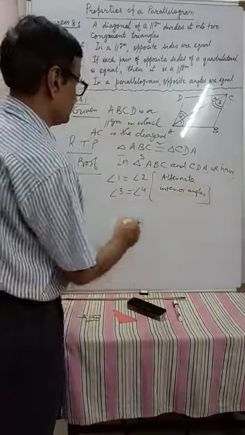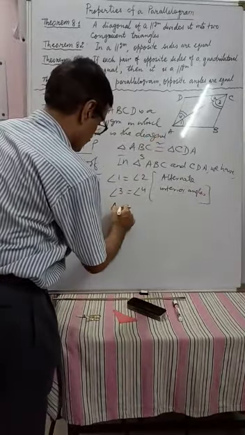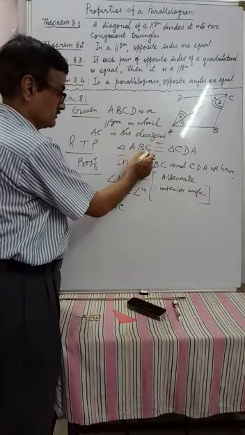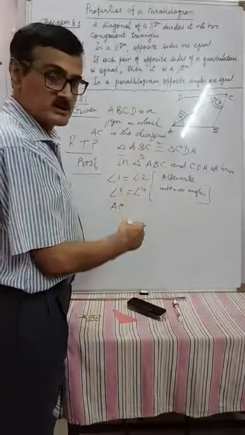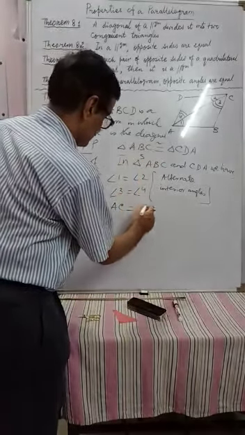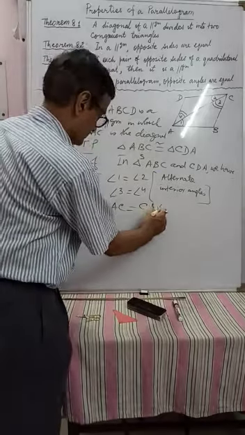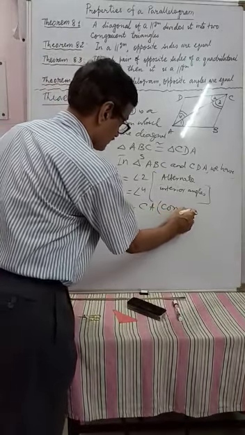And not only that, AC is common to both. According to the correspondence, for the second triangle we have to write AC is equal to CA, and the reason is common.